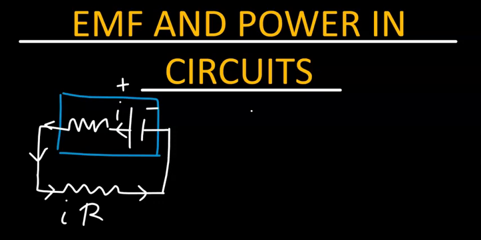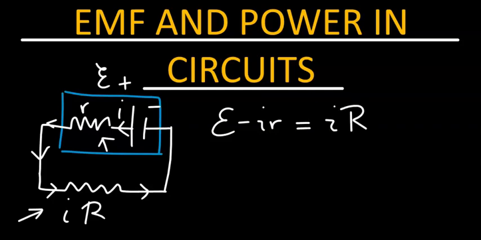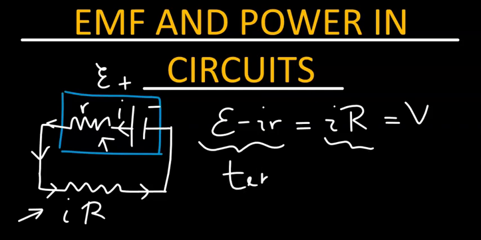Now let's determine the terminal voltage here, the voltage across the resistor capital R. We know that the EMF E minus the potential drop across the internal resistor, let's call the resistance of that internal resistor little r, is the voltage drop across the capital R. So this, namely V, is the terminal voltage in this case.